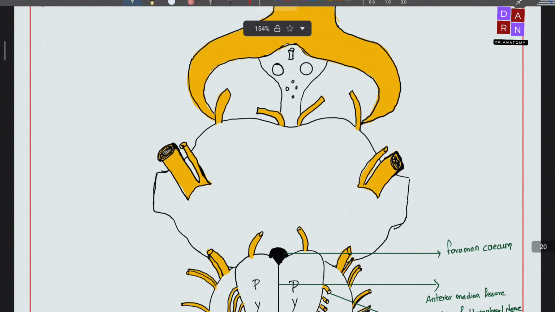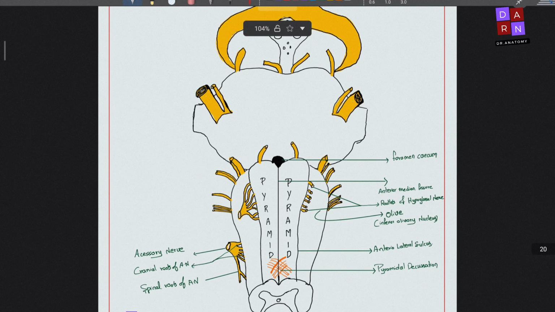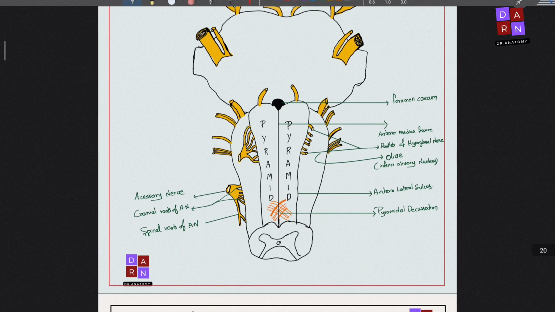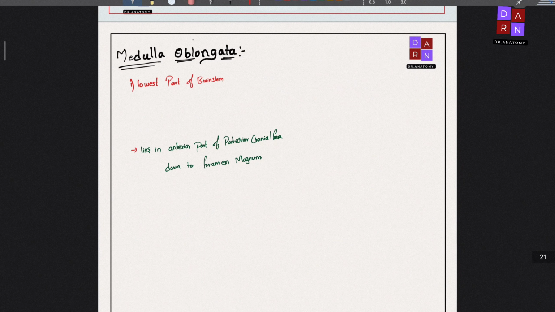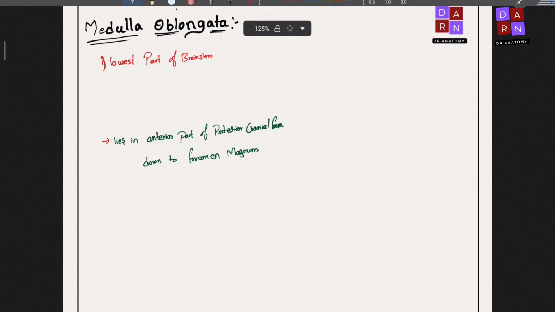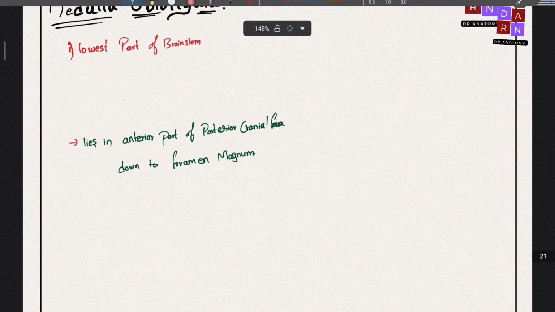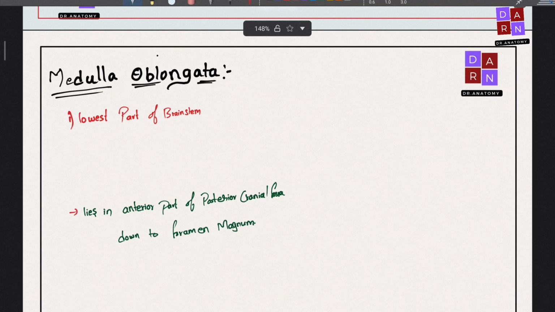First, we are going to discuss the medulla oblongata. Here is the structure. Below the pons, the medulla oblongata is here. First we will discuss its anatomy and its clinical anatomy. The medulla oblongata is the lowest part of the brainstem.